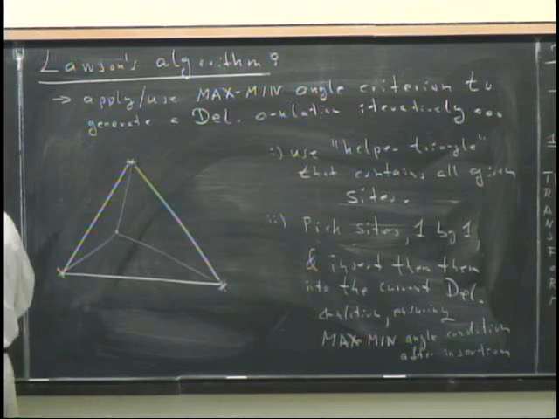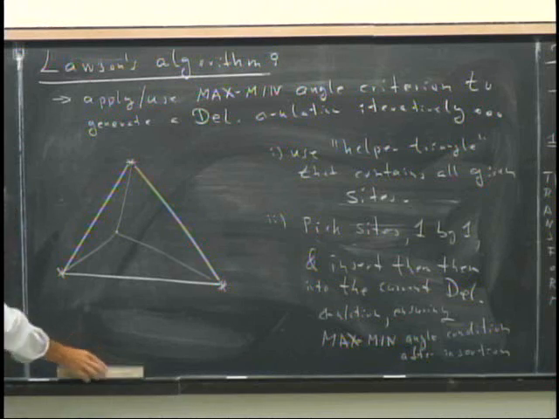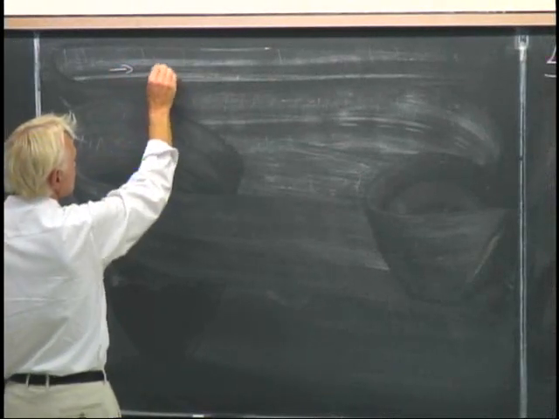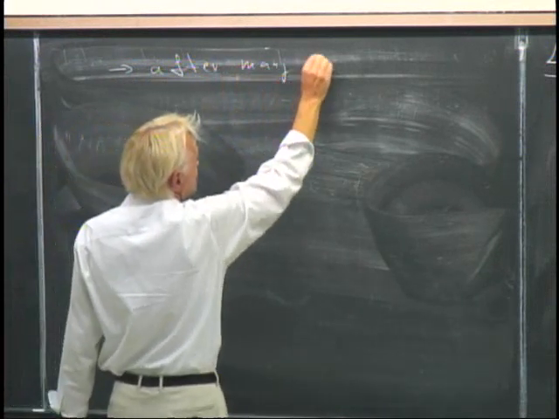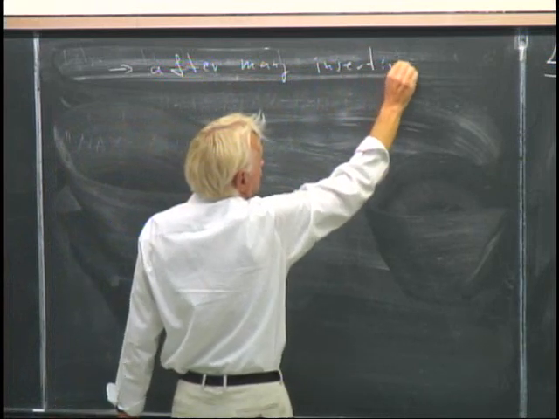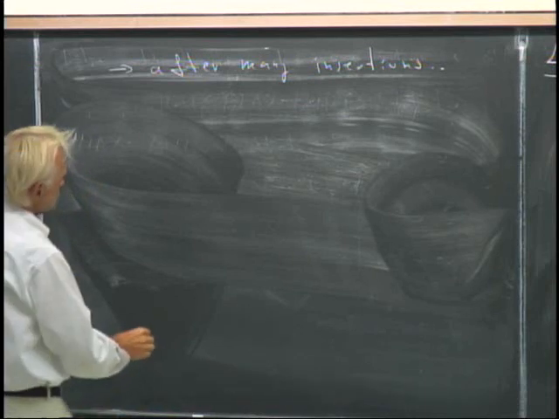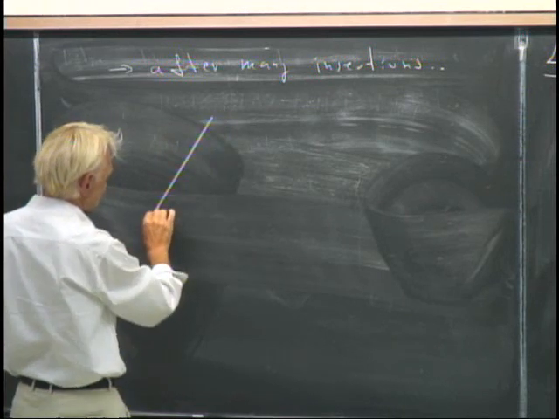And then you move on. Now I have to talk about next steps once you're a little bit further in, when you go from, say, a triangulation consisting of 1,000 points to 1,001 points. After many insertions, you have, for example, this situation.